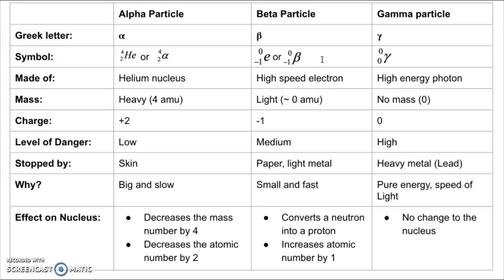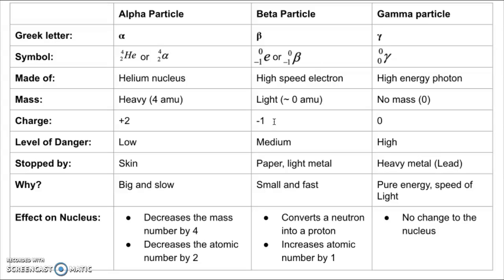And a beta particle is made up of a high-speed electron, hence why I have that -1 charge here, and it's an E, okay? In comparison to the other type of particles, I am light, because we know that electrons do not have a lot of mass. And because it is an electron, I know it has a negative charge, and it will be a -1 charge here. My level of danger is kind of in the middle.